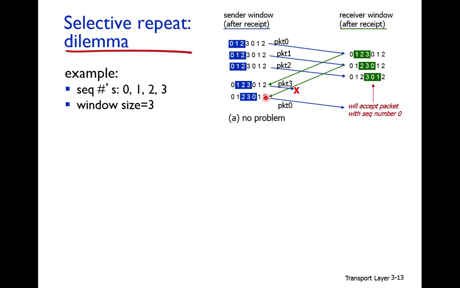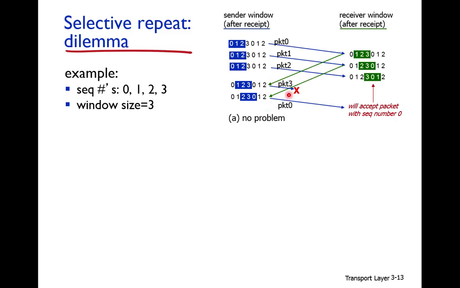When the acknowledgement is received, the sender will also advance, since packet number 1 is received correctly. So now the oldest unacknowledged packet is packet number 2. Okay, so 2 and 3 are sent, and since window size is equal to 3, the sender can send the fifth packet, that is with sequence number 0.